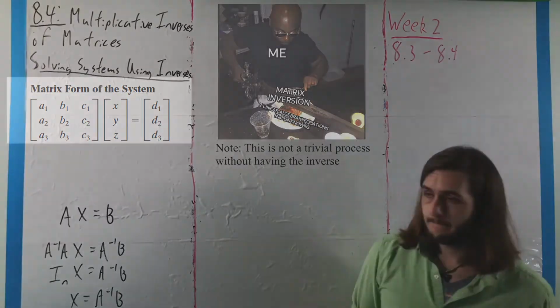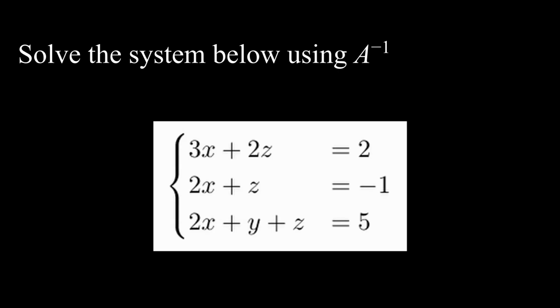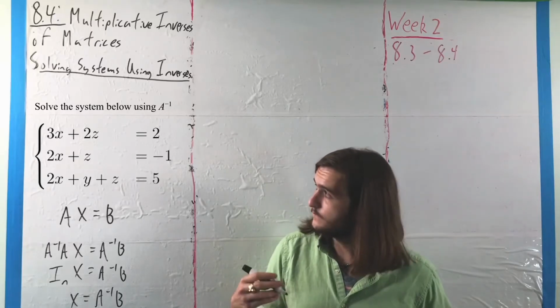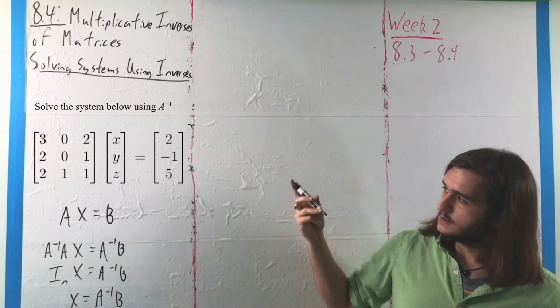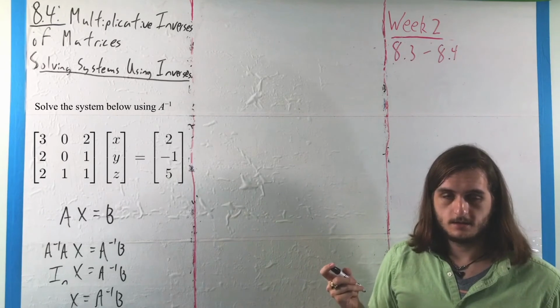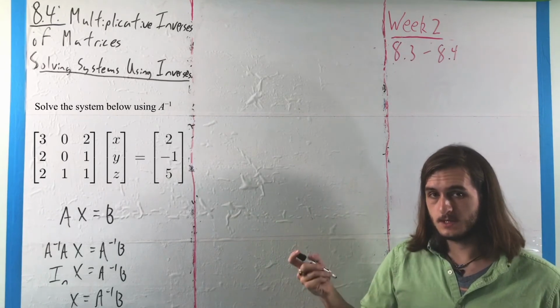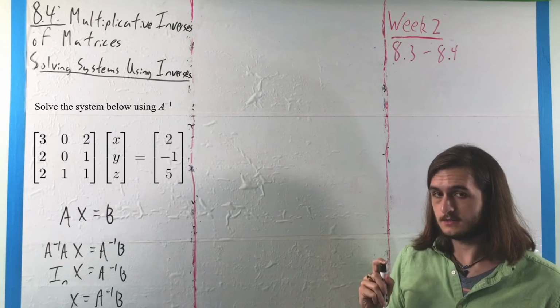So for example, if we want to solve the system that we have here using inverses, that is, we want to solve 3x plus 2z equals 2, 2x plus z equals -1, and 2x plus y plus z equals 5, what we can do is take that system and convert it into a system like that, of coefficients times variables equaling constants.